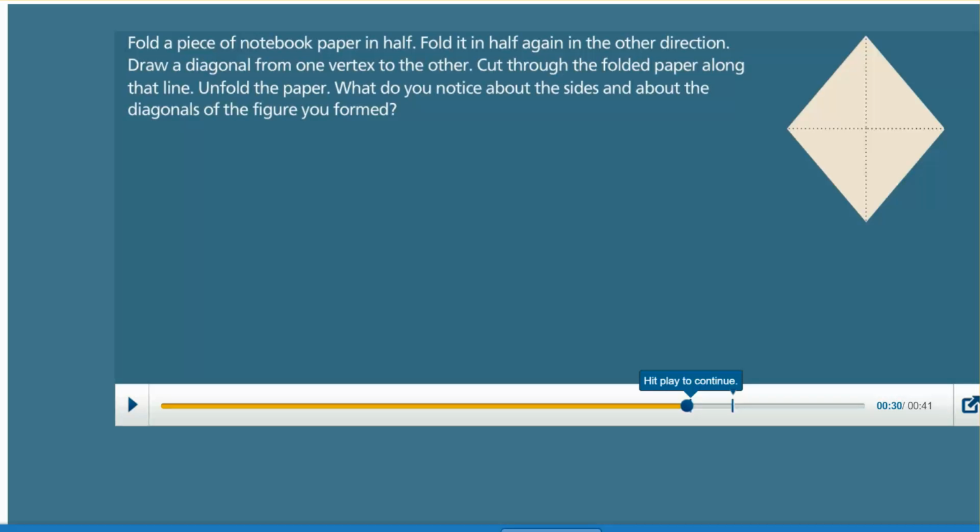So it says, what do you notice about the sides and the diagonals of the figure you formed? So we're looking at what we know about the sides of this figure, and what we recognize about the diagonals.